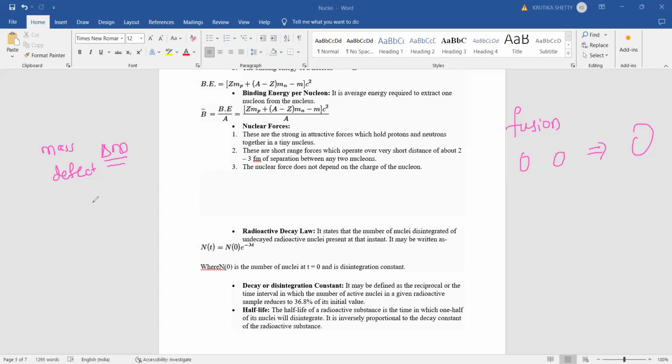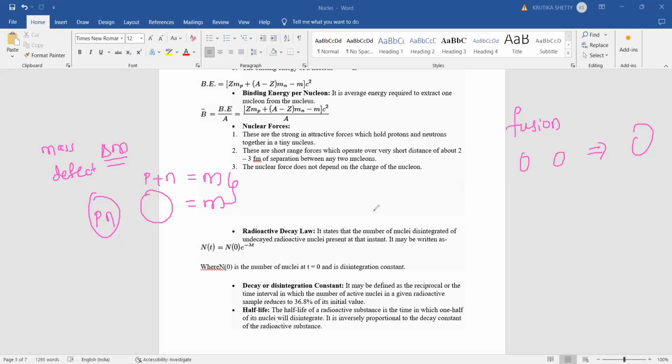The constituents of the nucleus are protons and neutrons. If you calculate the mass of the protons and neutrons, there will be a slight variation from the mass value of the entire nucleus. That difference in the mass is called the mass defect.